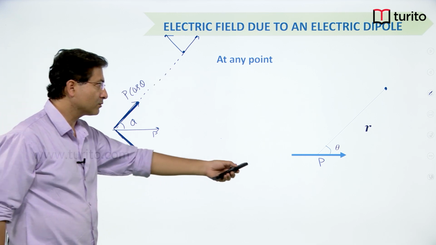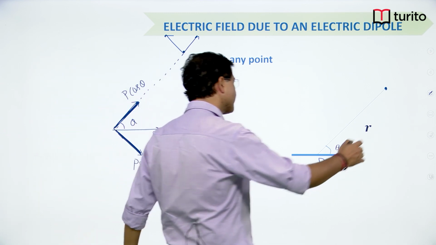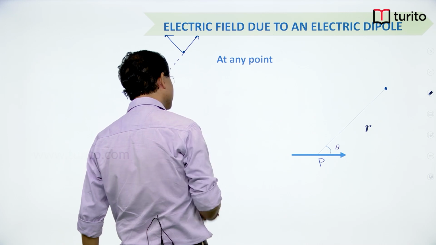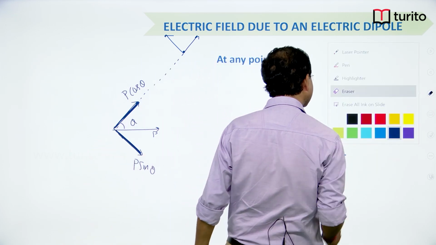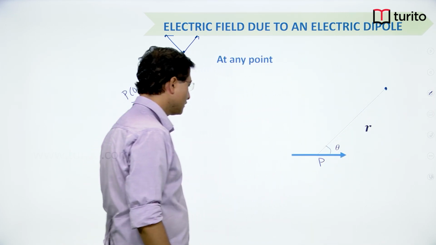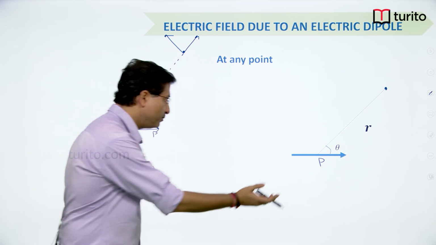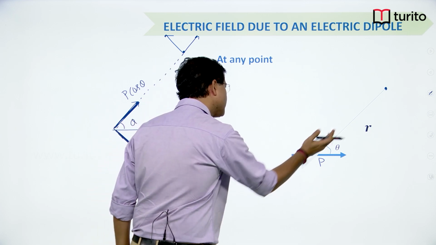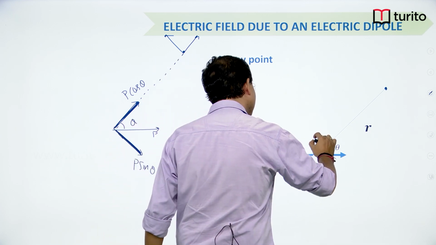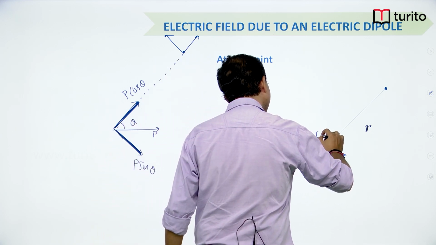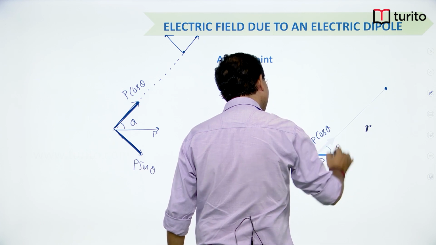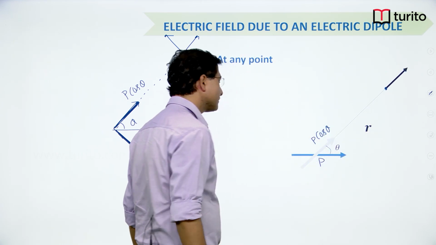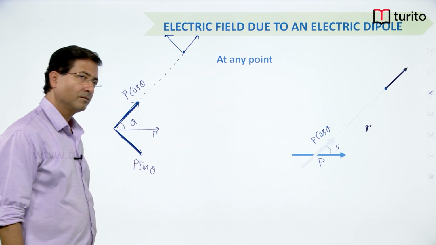Now, let us get back to the original diagram. So, because of this P cos theta, I am getting field here in this direction, right.